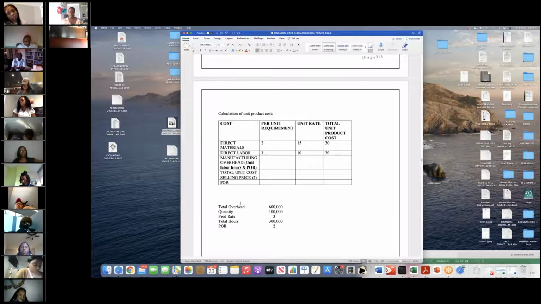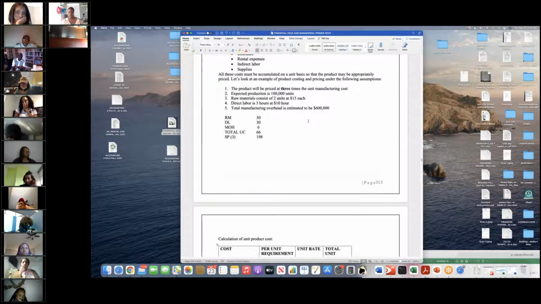Okay. So the rate that we're going to have in this formula is going to be 2. We're based on the labor hours, so we'll bring down the labor hours. We can use other bases, but we're just using the labor hours. So we multiply 3 times 2, we get the unit overhead cost at 6.